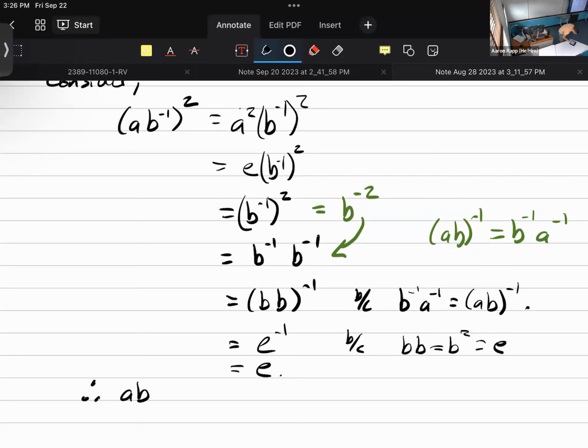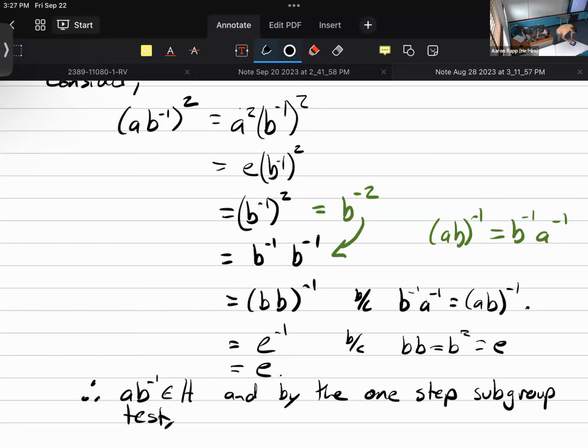Therefore, A B inverse is in the set H, and by our one-step subgroup test, this set H is a subgroup of G.